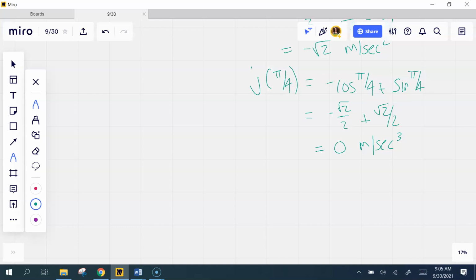Part C. Describe the motion of the body.